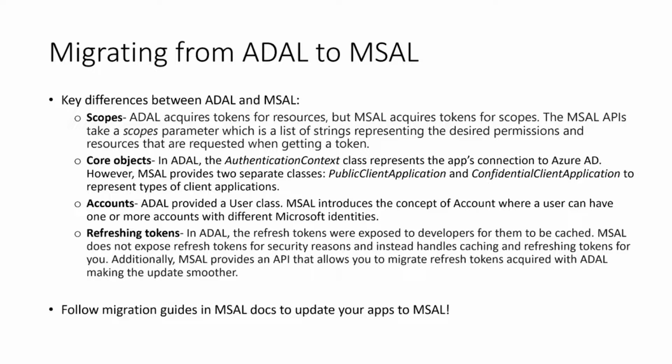Scopes are nothing but a list of strings which represent the resource and the permissions associated with that resource that you want to request the token for. You would need to specify these scopes as a parameter in most of the MSAL APIs, which you've also seen a little bit before.